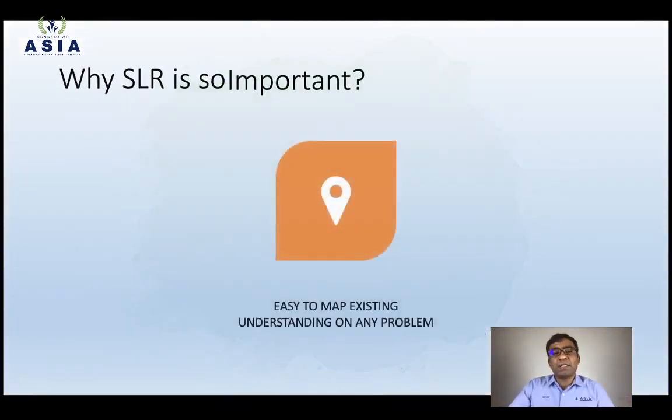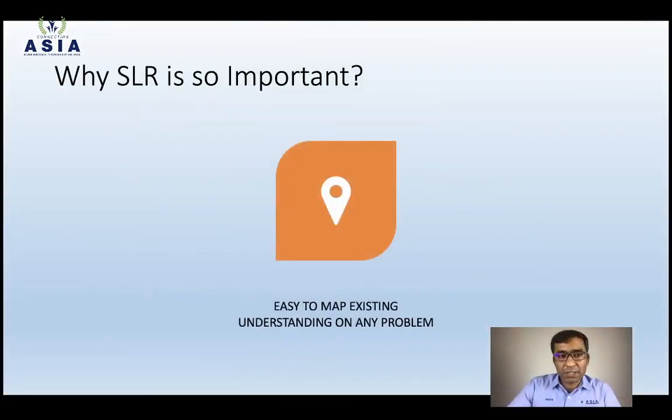Let's see, there are five major reasons why we start with the systematic literature review. Basically, it is used to map the existing knowledge. Initially, it started from medical sciences, where we want to see the treatments of a particular disease and the consistency of the treatments within different countries, how they treat it and what the results are, and then they can find the optimum solution or cure for any form of disease.